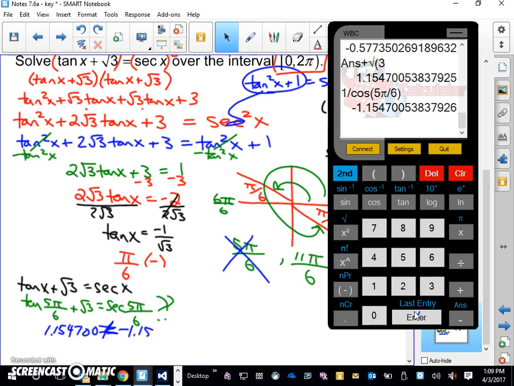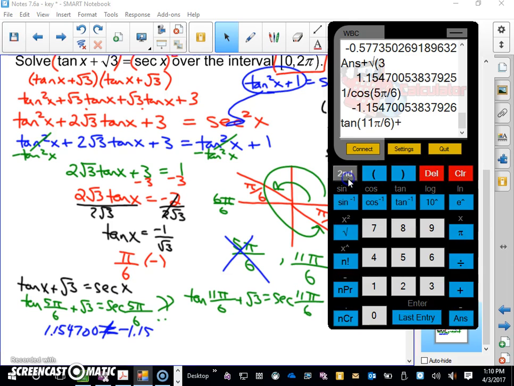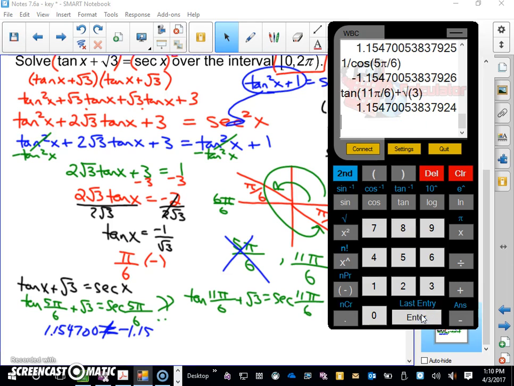So let's try the other one. Let's try 11 pi over 6 and see if it works. We would have to do tangent 11 pi over 6 plus square root of 3 should equal secant 11 pi over 6. And so we have tangent 11 pi over 6 plus square root of 3, 1.1547.